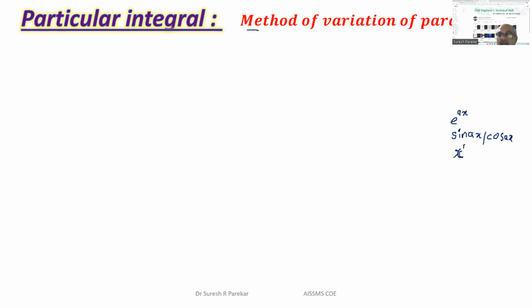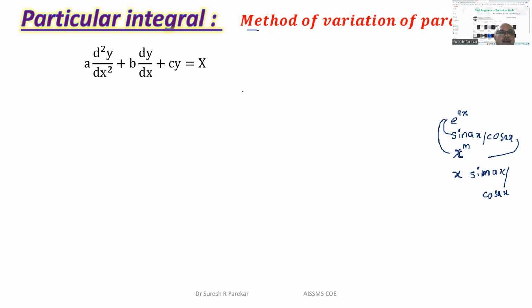Then we have combinations of these, e raised to ax with x to the power m, and one combination also, that is x sin x or x cos x. So we have seen all these direct methods which avoid integration. But in the method of variation of parameters we do have integration.